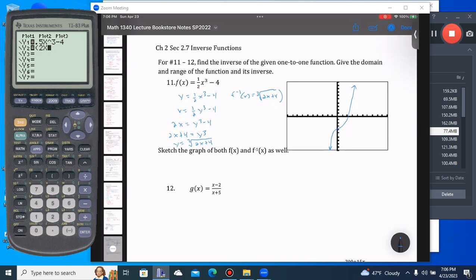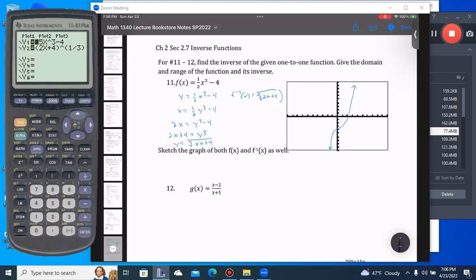2x plus 4 raised to the 1/3. Graph it. See, these are mirror images across y equals x.